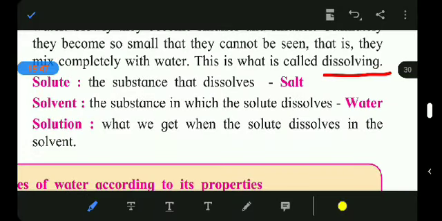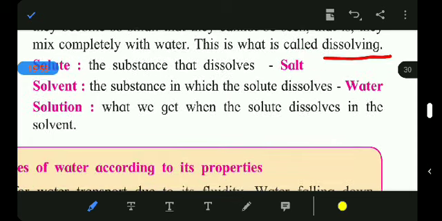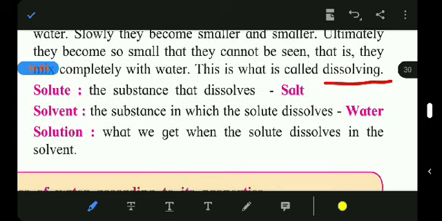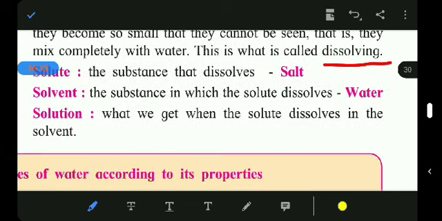Now, by combining these two, what you get is called a solution. A solution is what we get when the solute dissolves into the solvent. The mixture of them is called a solution. So in our example, salt is the solute, water is the solvent, and we get salty water as the solution.